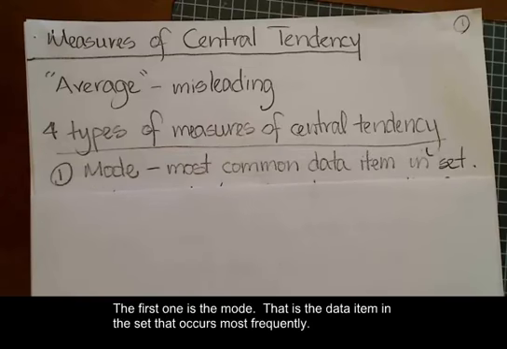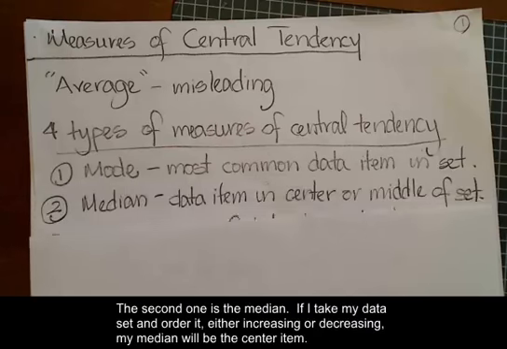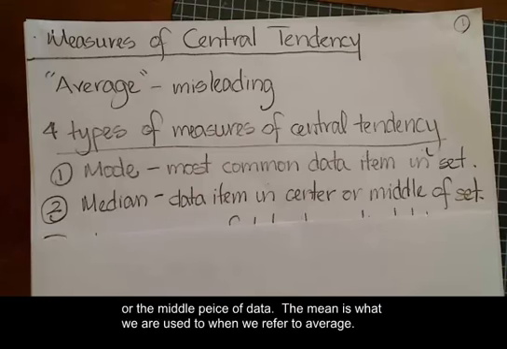The first one is the mode, and that is the data item in that set that occurs most frequently. The second one is the median. If I take my data set and order it either increasing or decreasing, my median will be the center item or middle piece of data.